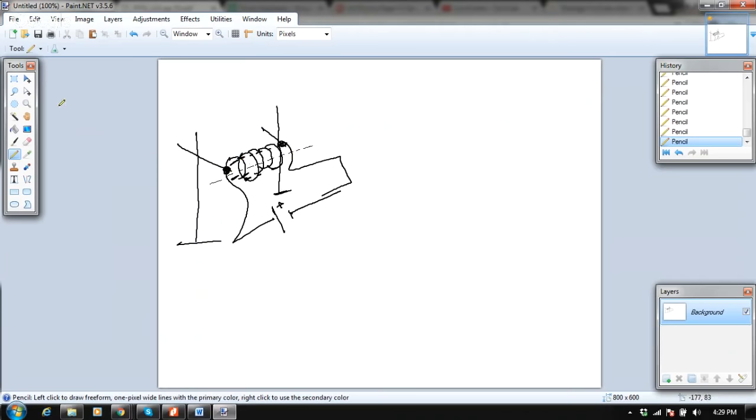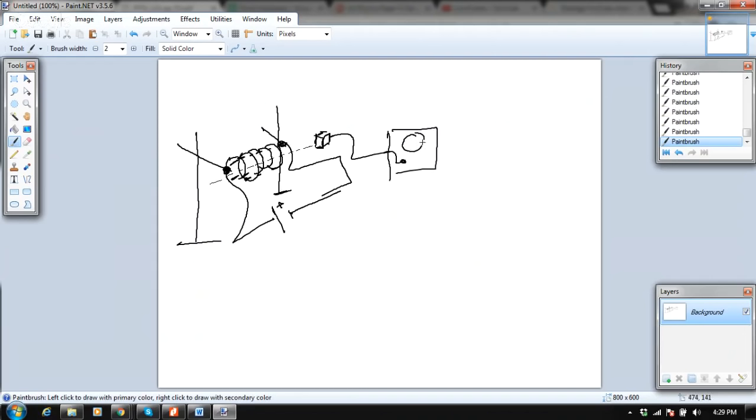To measure magnetic flux density, we use a Hall probe. So if I draw a Hall probe here, the next important thing will be, this is the Hall probe and the Hall probe unit. Here is the voltmeter and here is the measuring thing. So you clearly mention what that is.